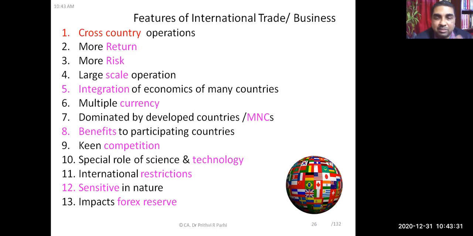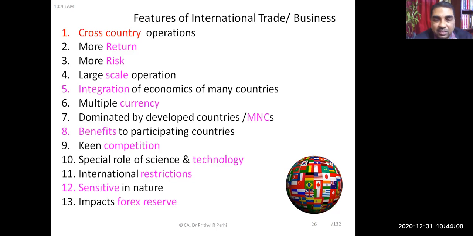Any business has various kinds of operations, maybe finance, marketing, or production. In international trade and business, multiple countries are involved. Maybe goods and services are imported from one country and exported to another. Maybe personnel are hired from another country. So different countries are involved.